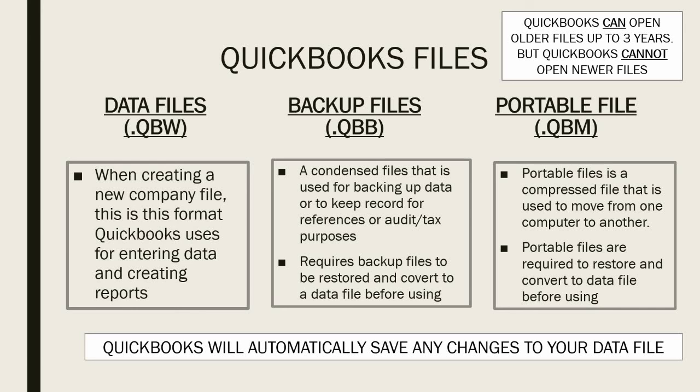So at the end of the day, no matter what you're looking at, you're only looking at the working data file. The working data file is going to be a file that you create, and when you create it, this is where you're entering all of your transactions. So this is the one that you're going to be frequently updating. Okay? And we call that a working data file, also known as QBW.